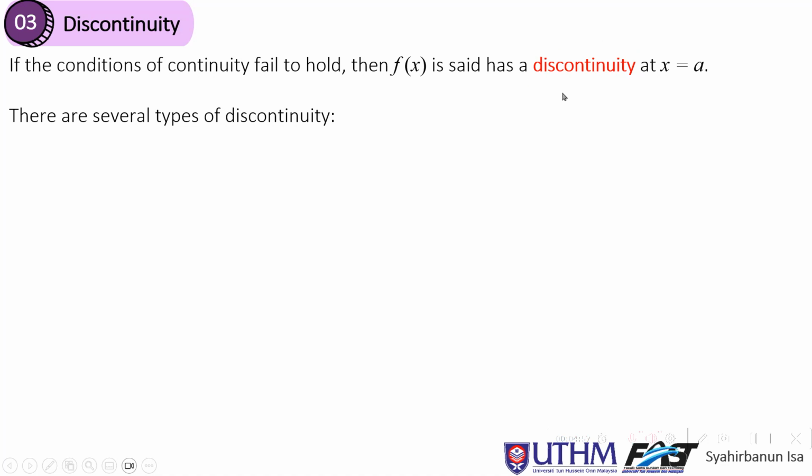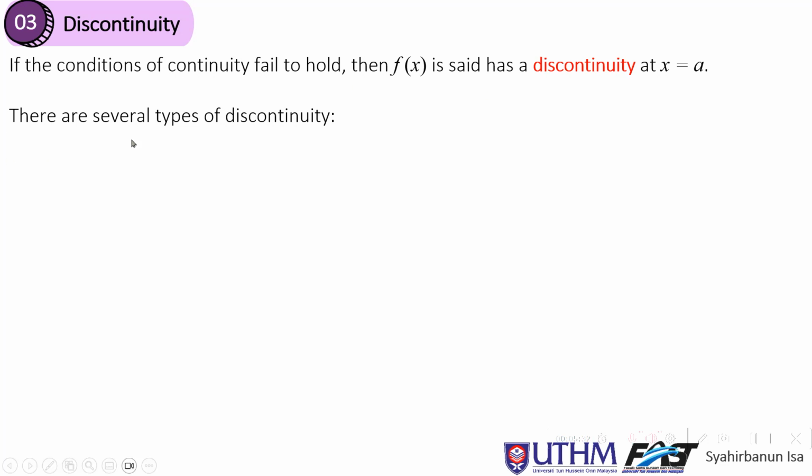We can check this by looking at the function: when the function is defined at certain points and not at others, or when the limit of the function does not exist, these two conditions lead to a discontinuity of the function at a certain point.